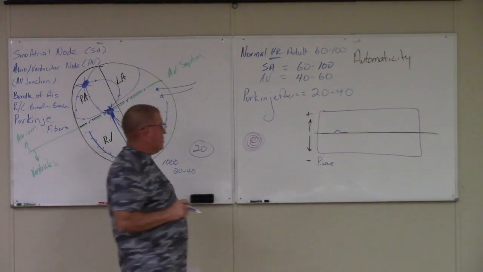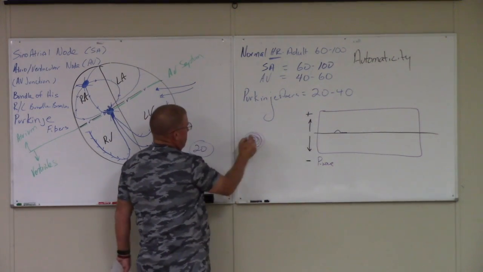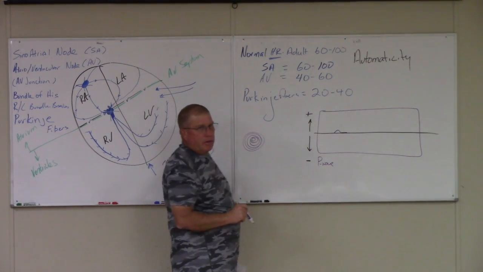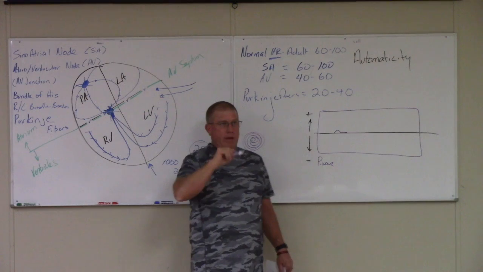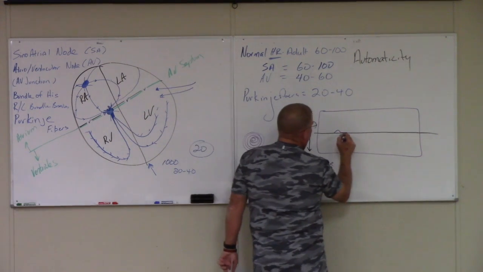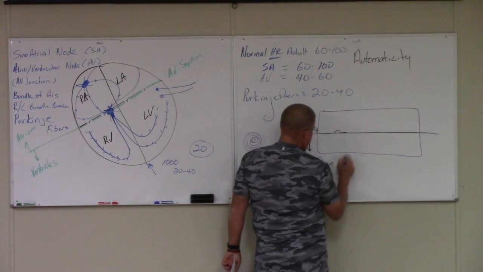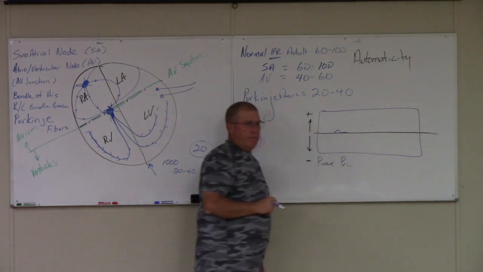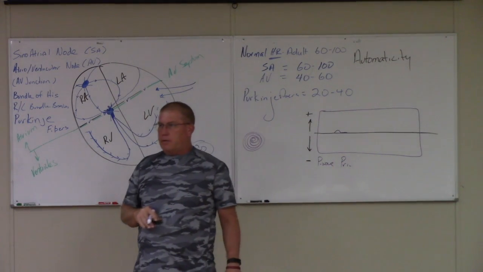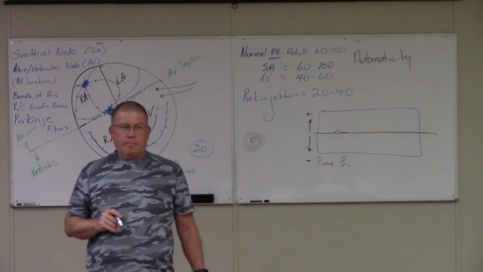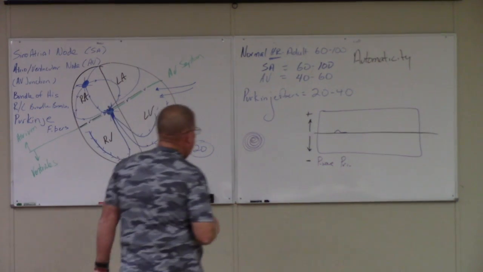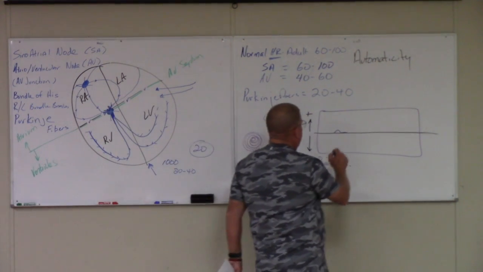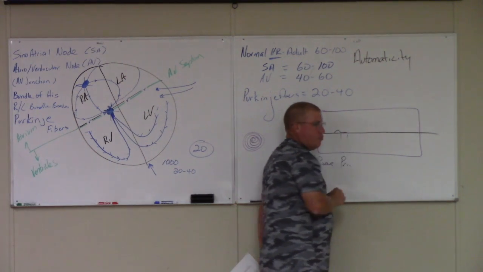What's happening is that charge that comes from the SA node to the AV node is in that spiral, okay? So we call this the PRI. It's got a long term, but I'm not going to worry about it, okay? That is the delay between the P wave and the contraction of the ventricles.